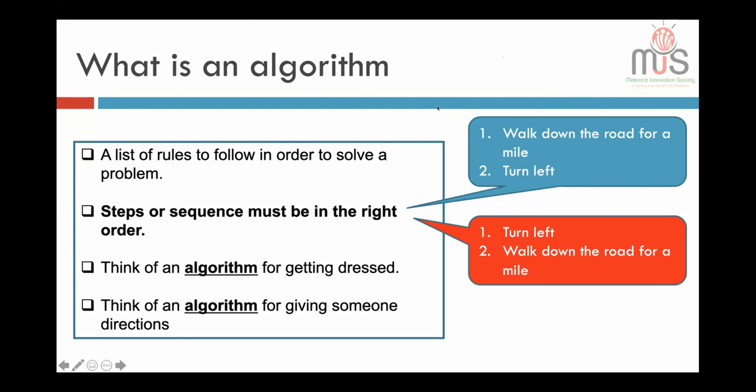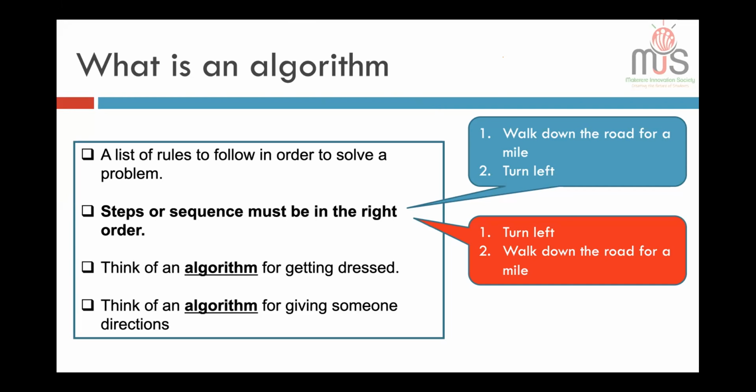So it's just like that group of instructions. You put them in one set, and when they are implemented or you run them together, they will make you solve a very difficult problem. So we have a set, these steps or this sequence must be in the right order. It must be in systematic order.